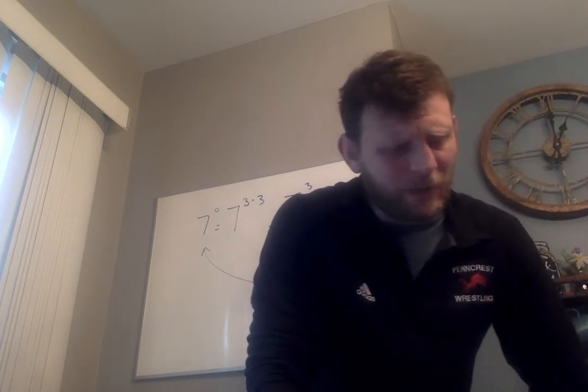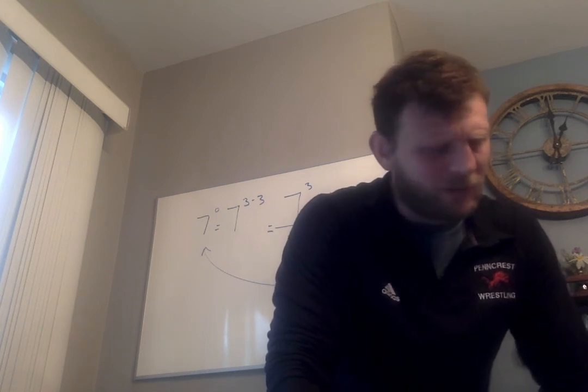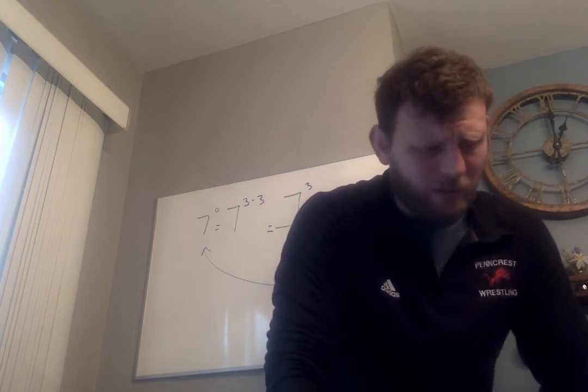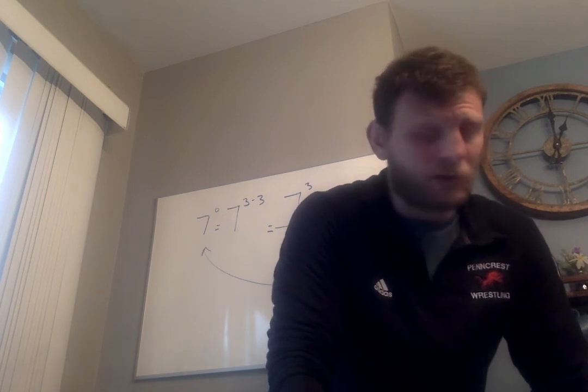I just picked some random numbers here. I try to skip around, avoid some weird ones for you. So if you guys could work on those. Again, I'm not collecting it. It's just something you should do.